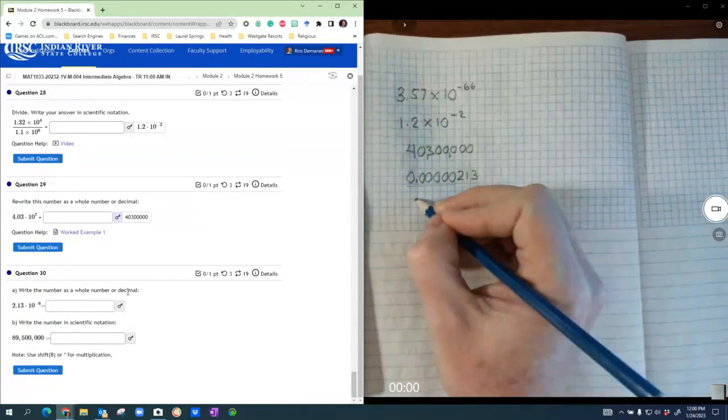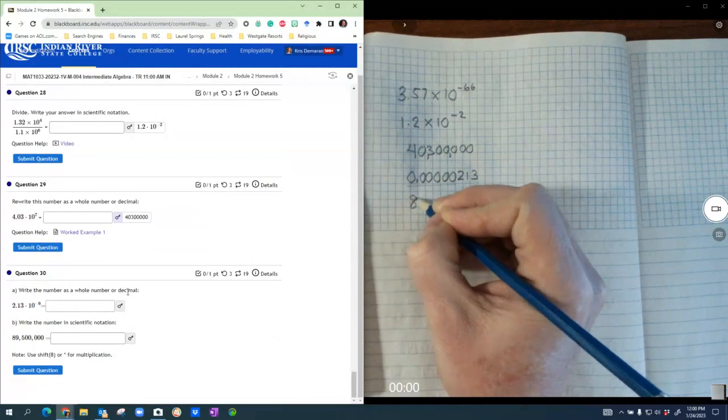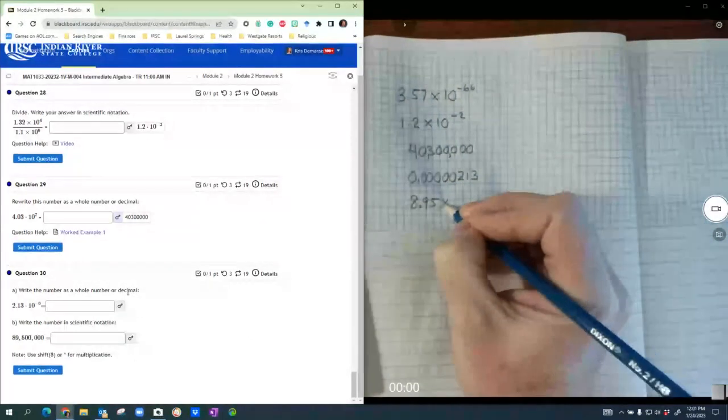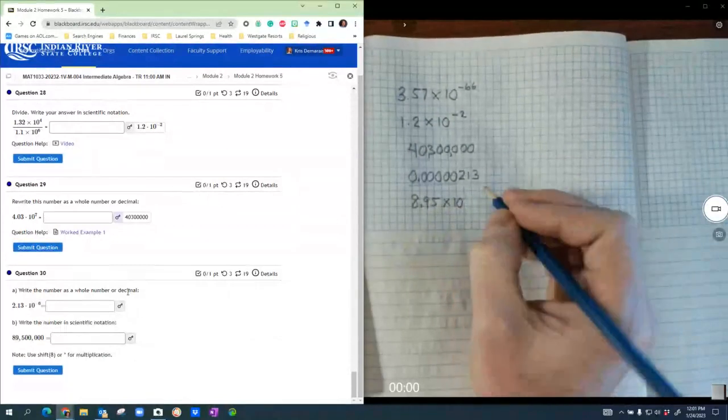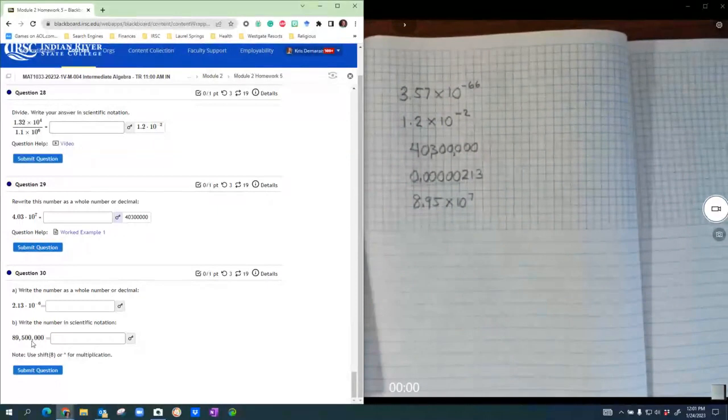And then the last one is 89 million, so it's going to be 8.95 times 10 to the 7th power, because we're moving the decimal point over 3, 6, and 7 times. So there's our answer for that.